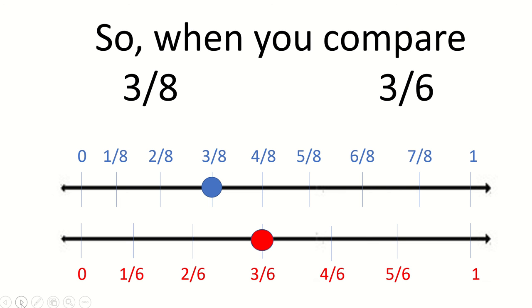So now I can see just by looking at these two number lines that 3/8 is closer to 0, 3/6 is closer to 1, so 3/8 is less than 3/6. I can also go ahead and plot 3/6 on my eighths number line because these two fractions are equivalent. They're located at the same point on these two number lines that are the same length.